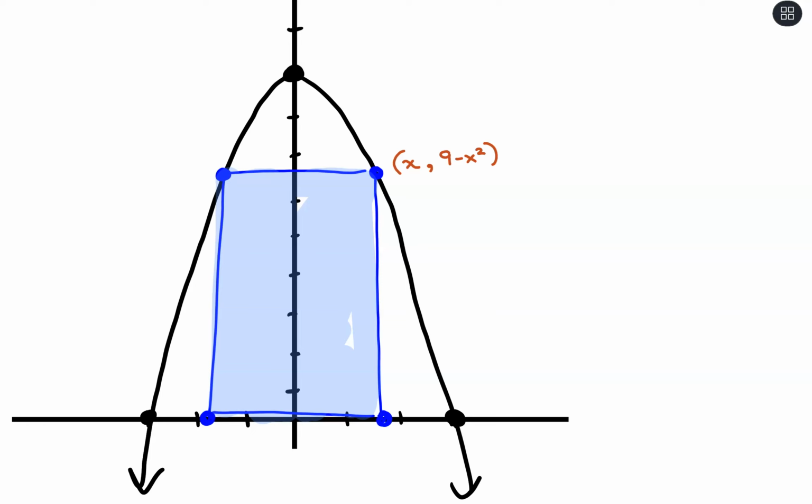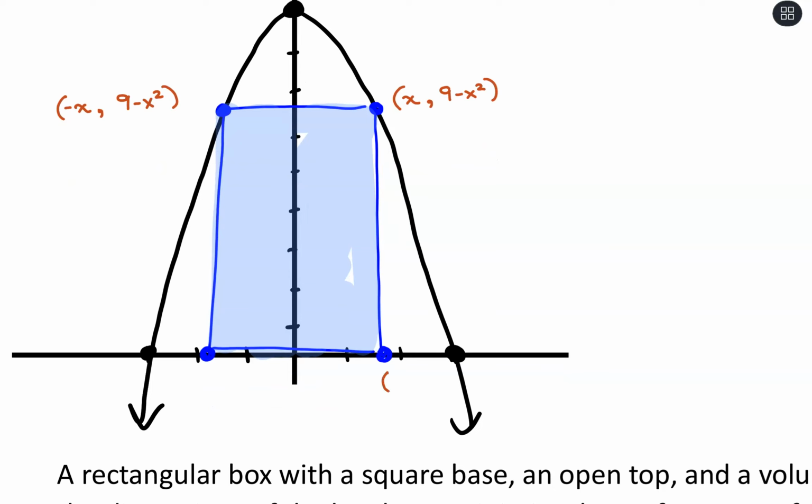Over on the left-hand side, I would have that same x value, but the negative form of it, and for my y value, it's exactly the same, still 9 minus x squared, because if we plug in the negative x and square it, it's still just a positive x squared. Down here on the right-hand side we'd have x, and since it's on the x-axis, the y value would be 0. And over here, we would have some negative x value with an output of 0.